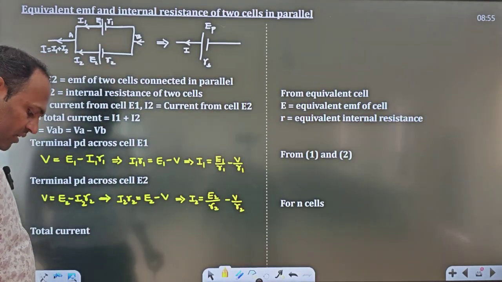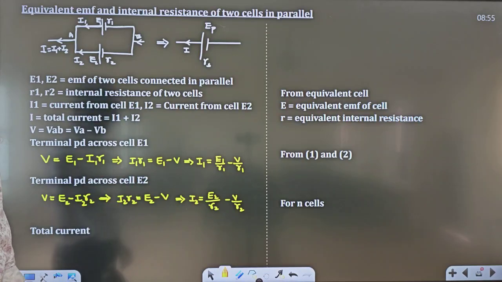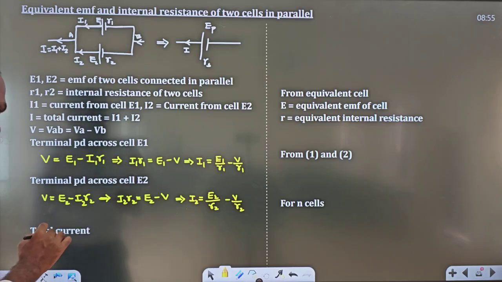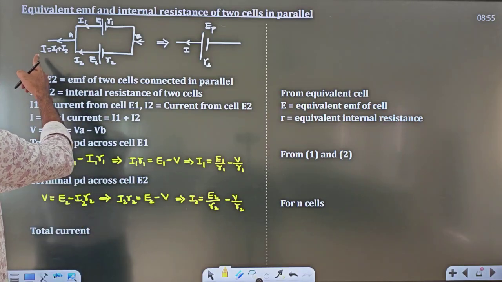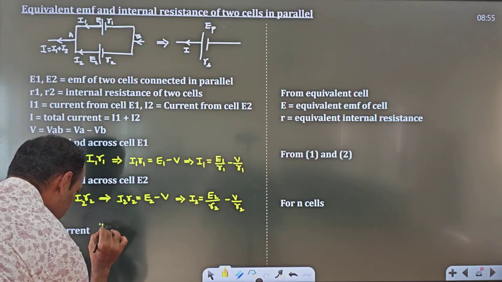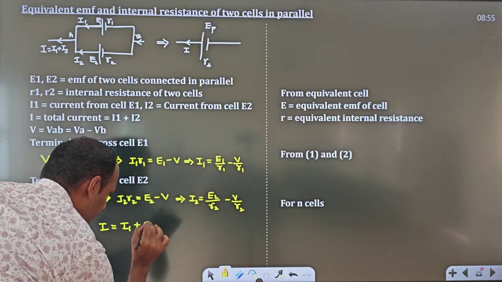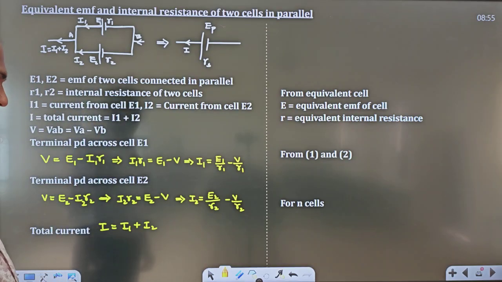Correct? So you got the equations of I1 as well as I2. Next, the total current. See, the total current is what we want. So total current I is equal to I1 plus I2.